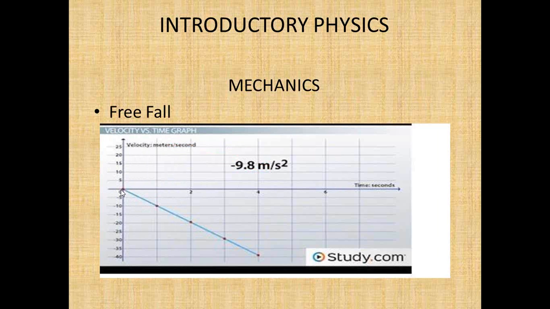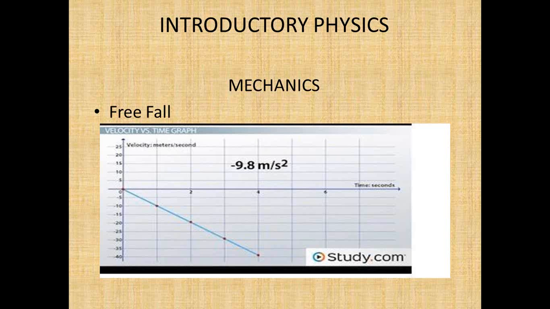Again, at time zero, velocity is zero because you're going to drop the object from some height, but this is not a position time graph. This is a velocity time graph. So at time zero, it has a zero velocity. At time 1 second, the velocity is 9.8 meters per second.